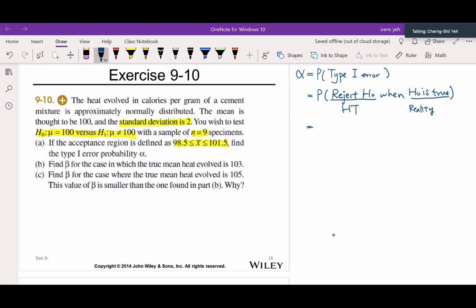Outside the confidence area, which means our sample average is either greater than 101.5 or less than 98.5. And what is the reality? The reality is that my null hypothesis is true. Population mean is indeed 100.